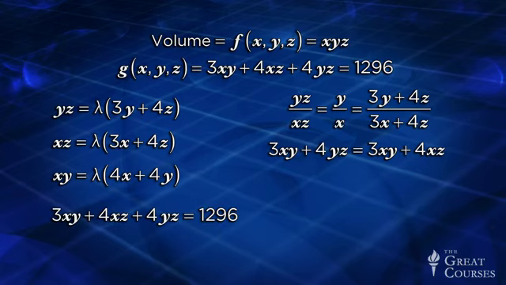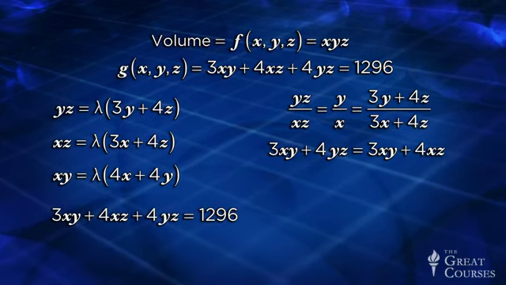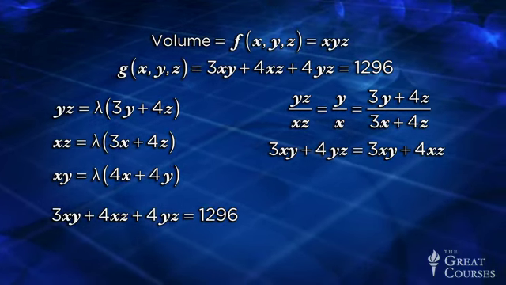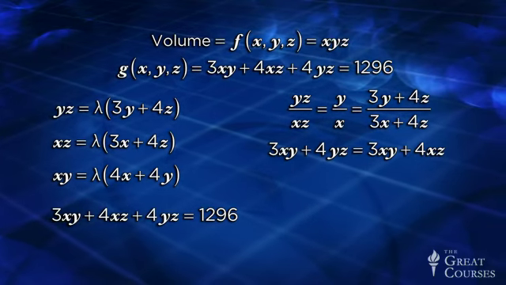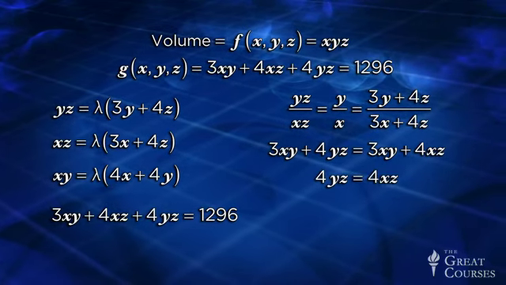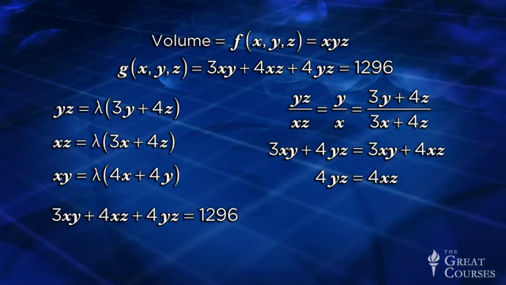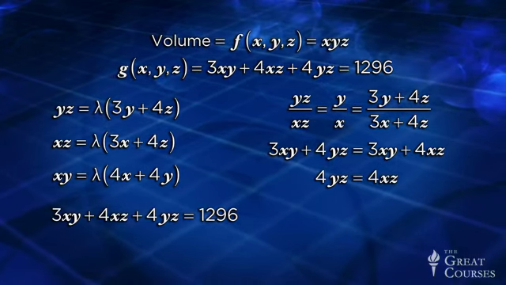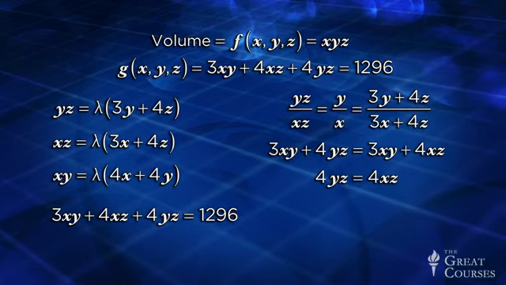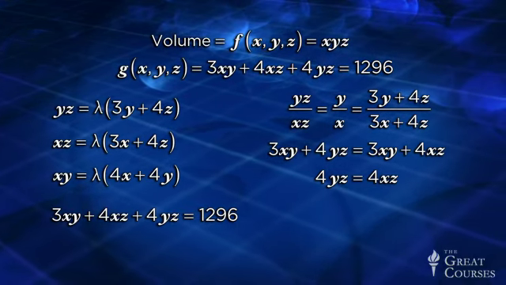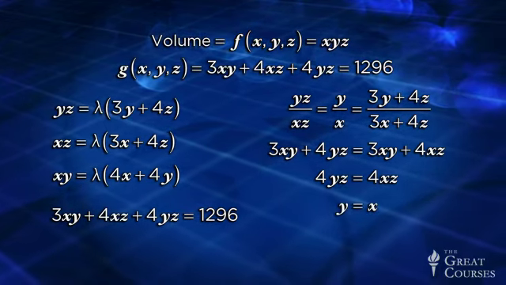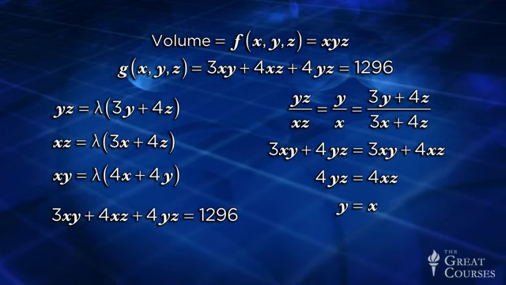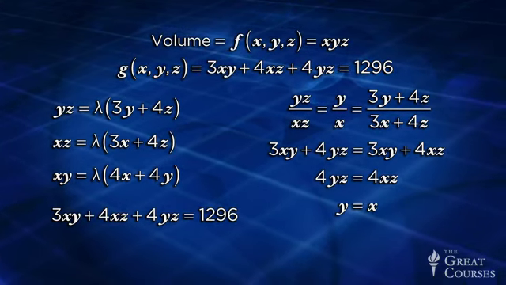Oh, that's kind of nice. I'm kind of lucky here. The 3xy's can cancel on both sides of that equation, and I'm left with 4yz equals 4xz. Oh, but I'm even luckier. The 4's cancel, the z's cancel, and I'm left with y equals x. Wow, isn't that nice? I have a lot of information here.